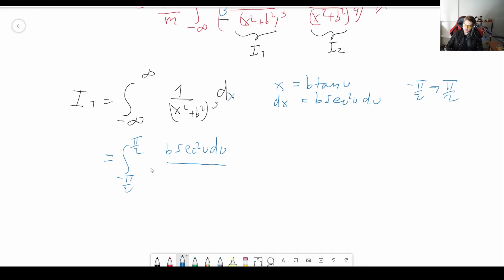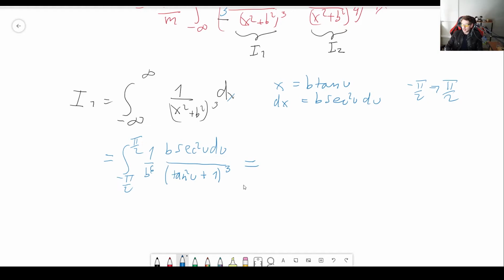So we get 1 over b to the 6th power. And then we have b squared times tangent squared of u, so we get tangent squared of u, right? And the b's cancel out. If you're unsure of this, just watch what we did during the normalization one again. And then we have plus 1 and all of this cubed.